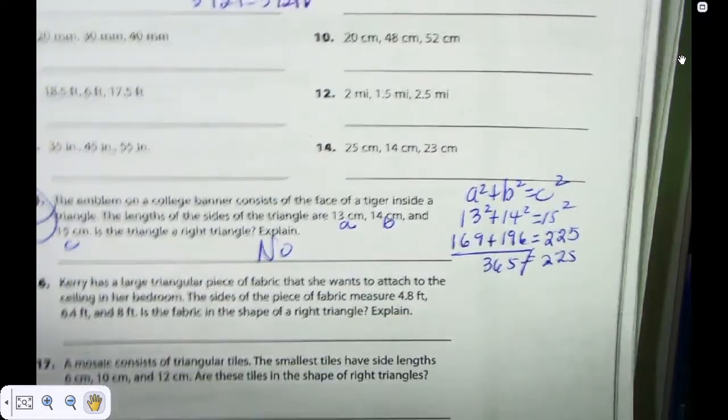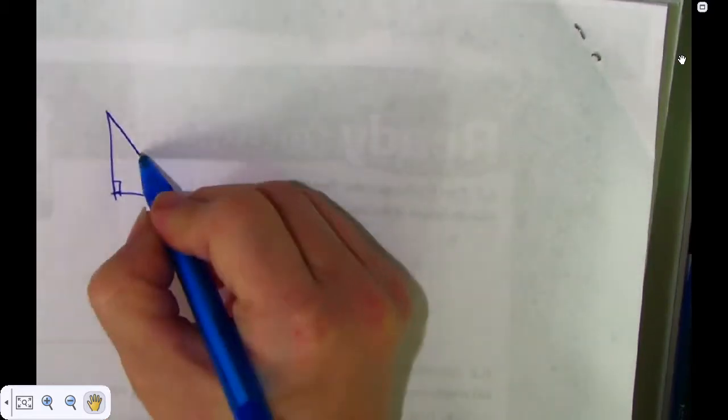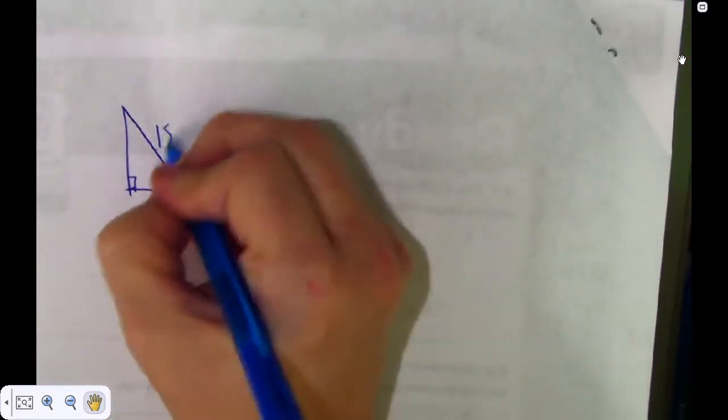Okay, before we go on, I need to talk to you about something very important. Here's a ladder. Let's say the ladder is 18 feet, and from here to here is 12.